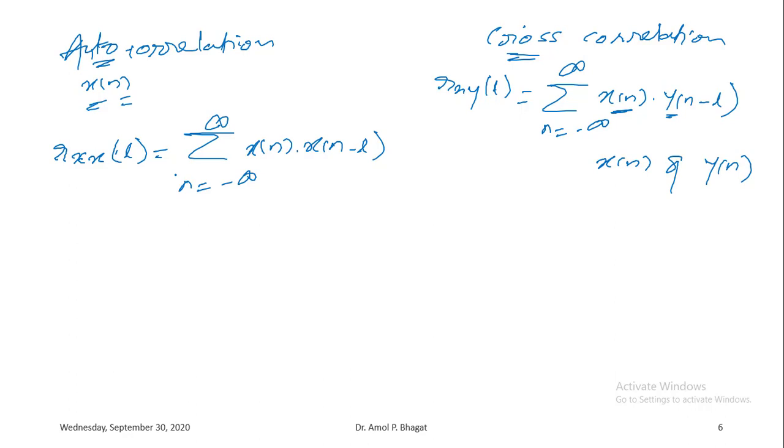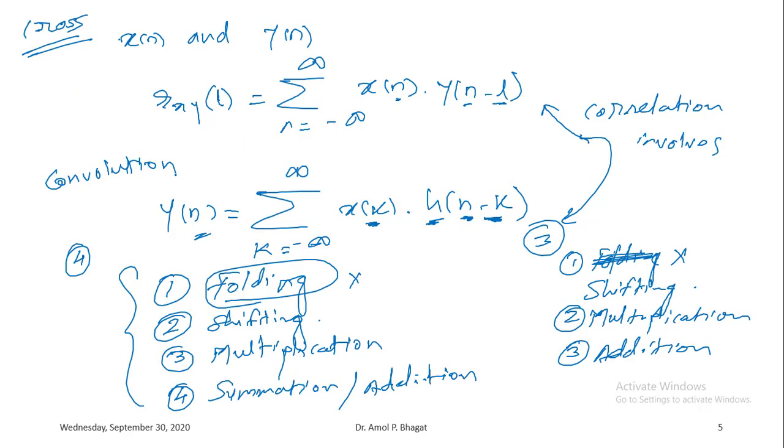That is the difference between autocorrelation and cross correlation.